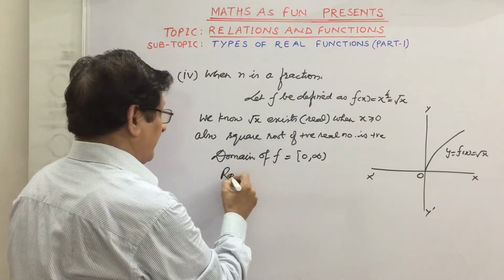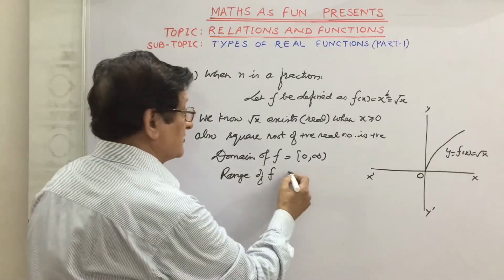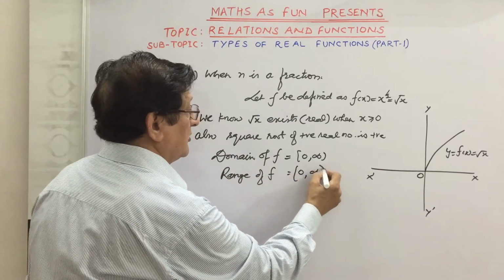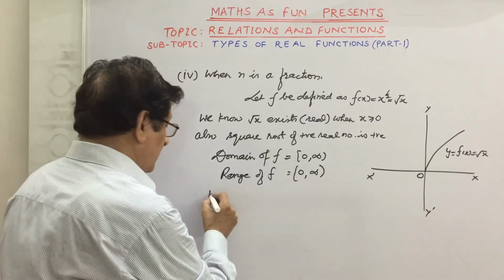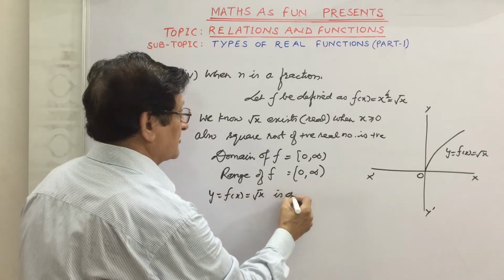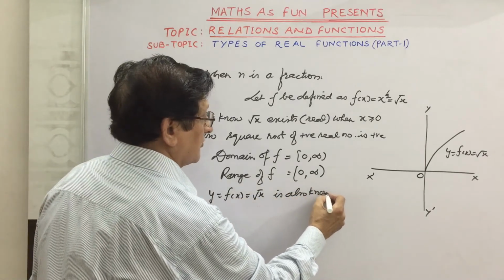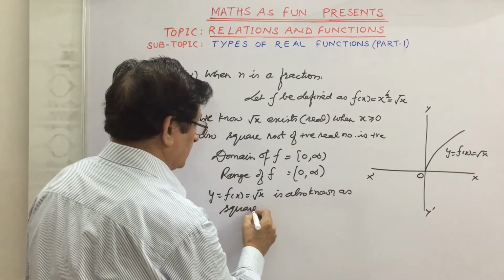And the range of f is also the same, 0 to infinity. See, y = f(x) = root x is also known as the square root function.